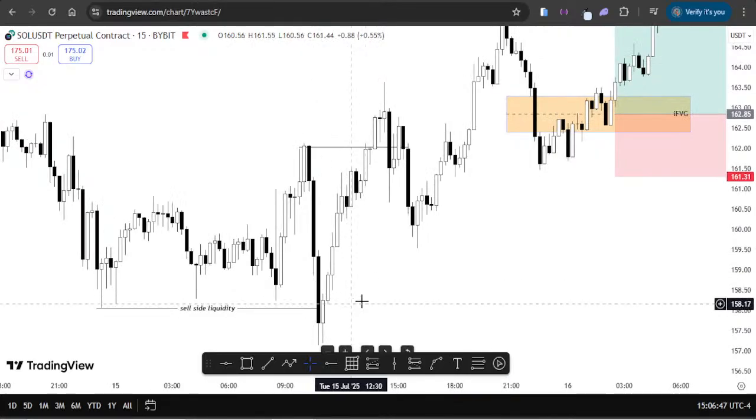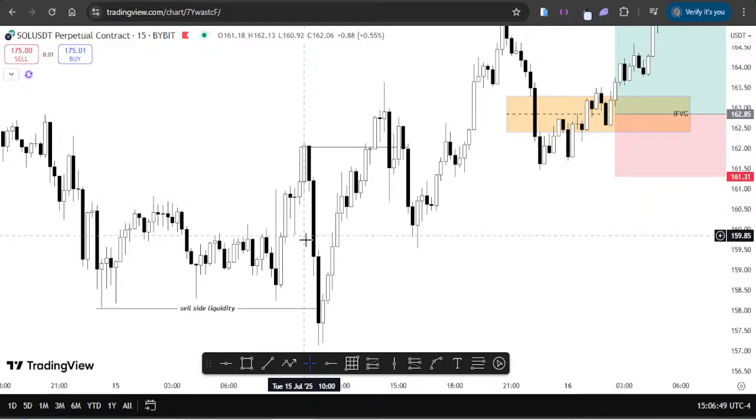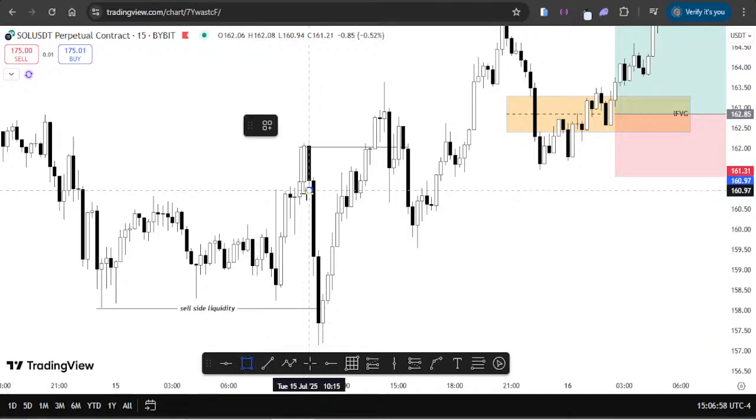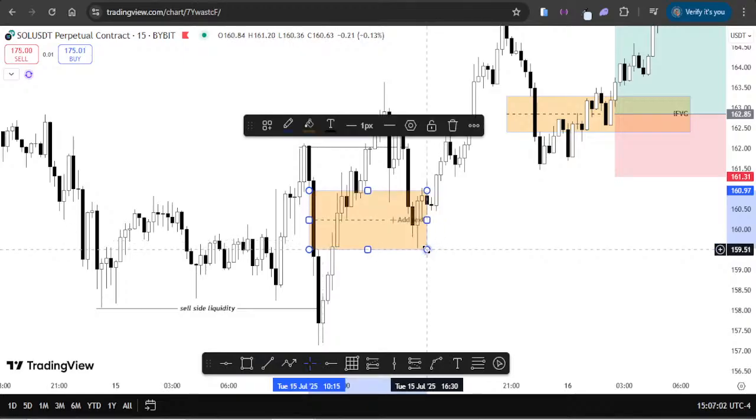One thing you have to understand about displacement legs that take liquidity is that the fair value gaps that occur in them are a very important point in price. Why?